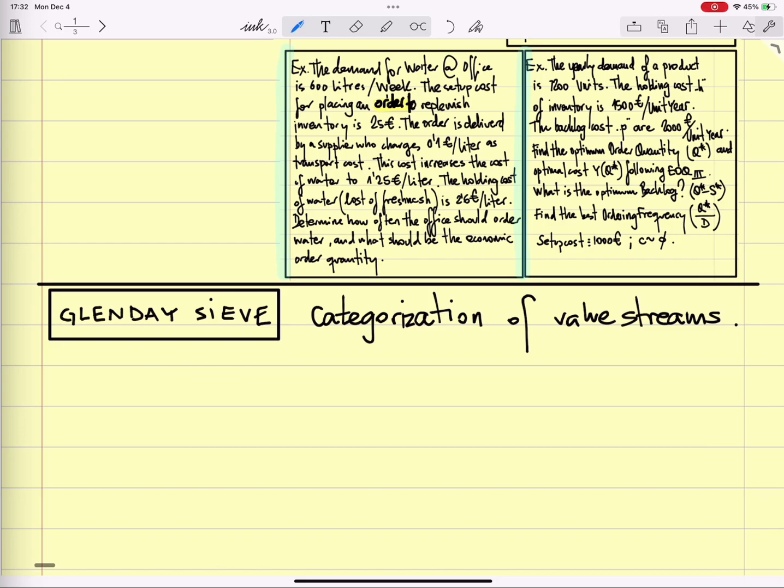The categorization of value streams leads to strategic decisions. After deciding what category, then we take this to a strategic decision.